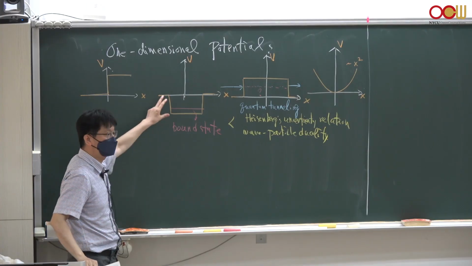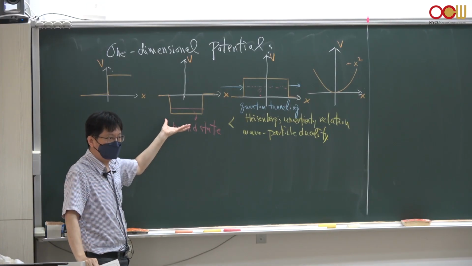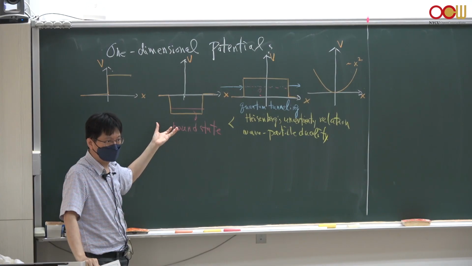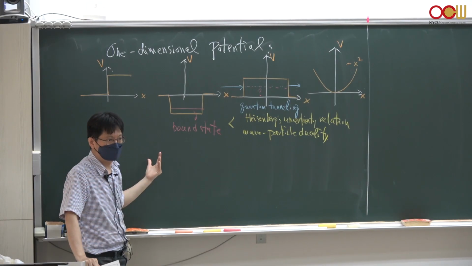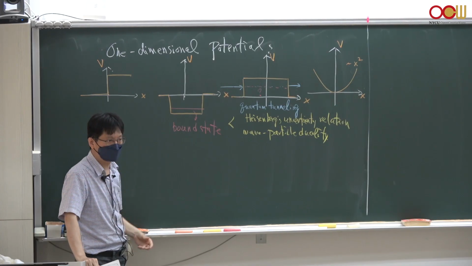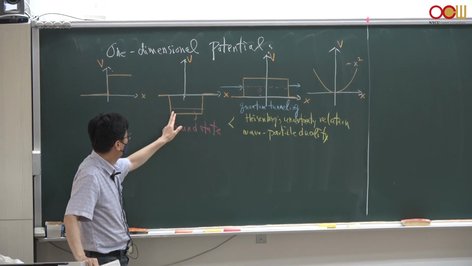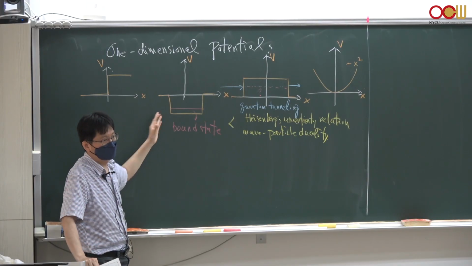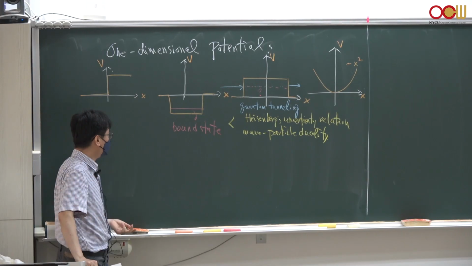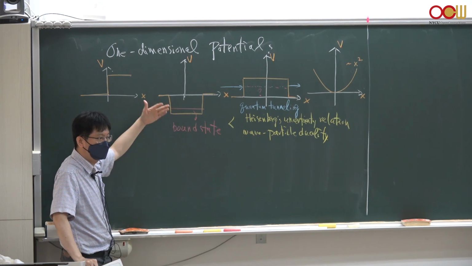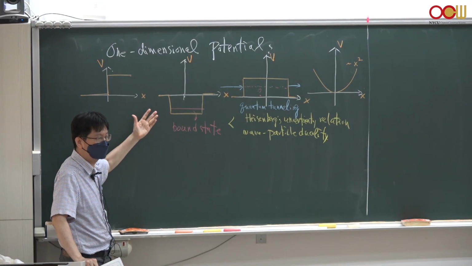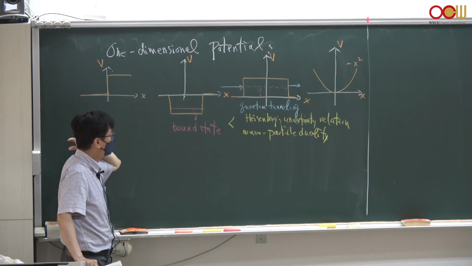Inside the potential well, if the well is deep enough, this potential well can support so-called bound states. Those bound states are the states that are bounded by this potential well, and they cannot easily get out of the trap. In some cases we have such a bound state, and in other cases we don't have the minimum requirement to support the bound state.